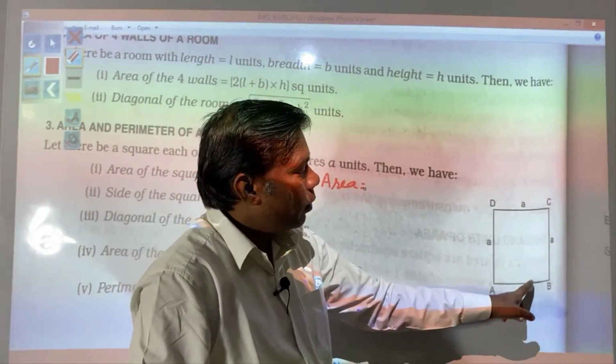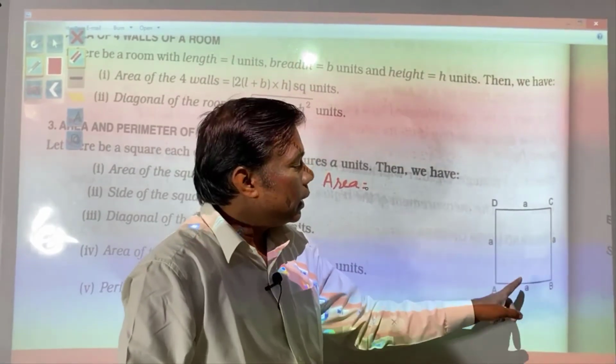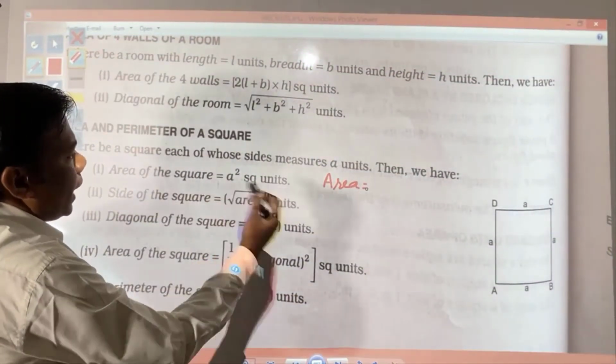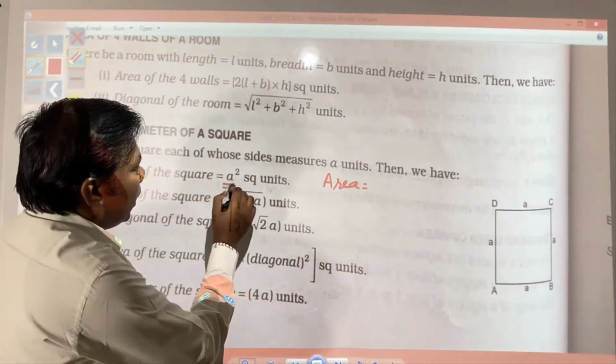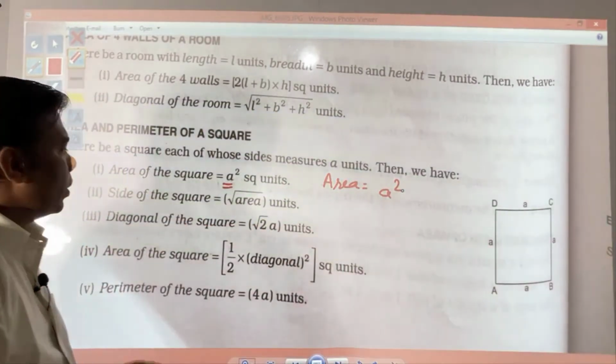So in the same way we will find it here also. A into A, or side into side, that is side square. In place of side it has been given A, so this will be A square, and that will be square unit.